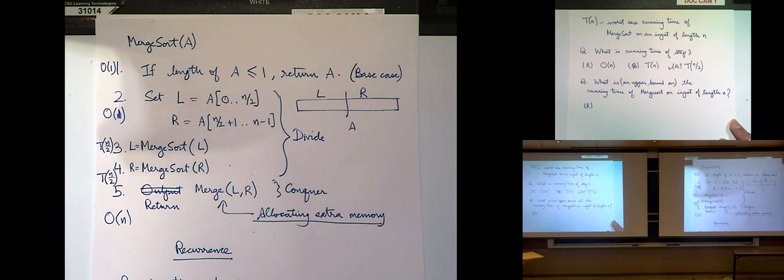Is it T of n over 2 plus O of n? Is it 2T of n over 2 plus O of n? Or is it 2T of n over 2 plus O of 1? So which of these is correct? What is an upper bound on the running time of merge sort on input of length n?